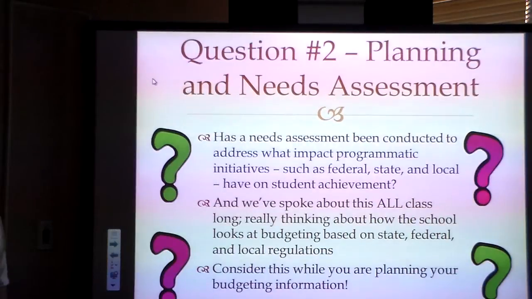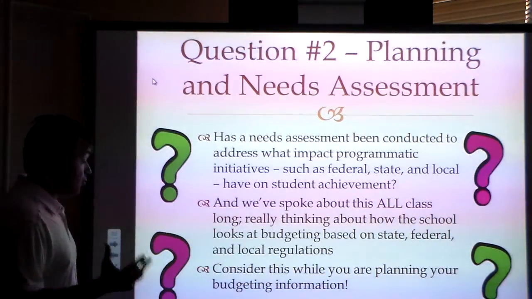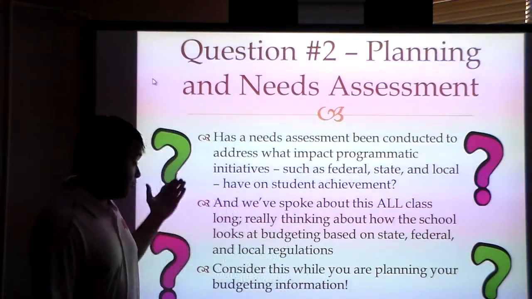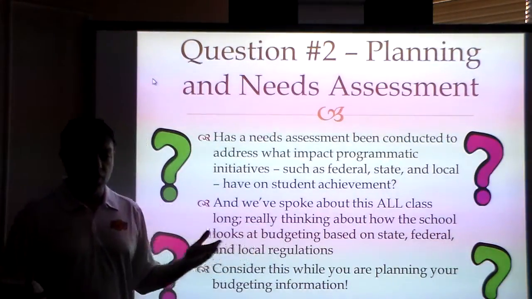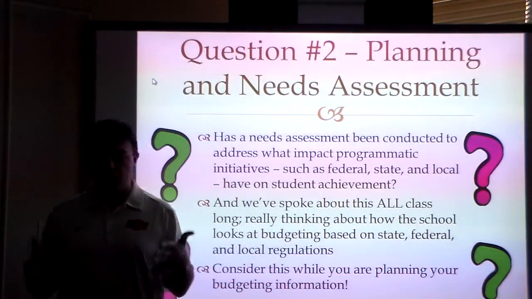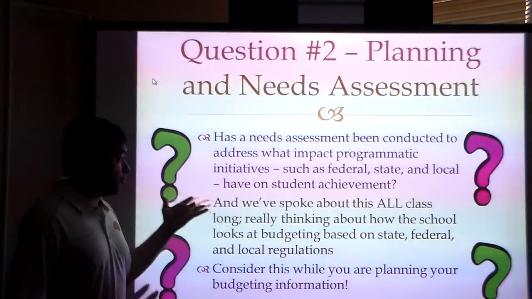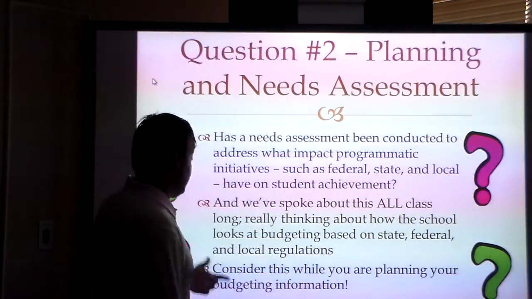So you have to do a needs assessment as well, and we said this all class. The biggest challenge with school finance is the different types of regulations that exist. We have state level, federal, and local regulations, and that creates a problem because you're bound to each one of them in different forms. Different impacts have different things on student achievement. Federal is going to be more involved with Title I, Special Ed, ELL.